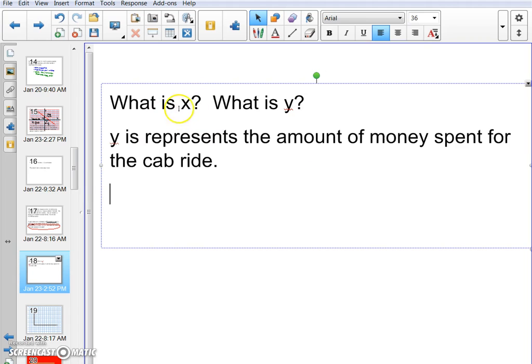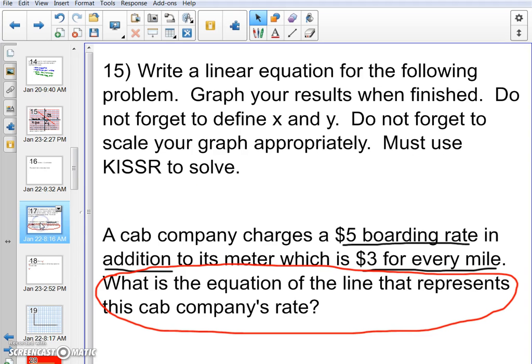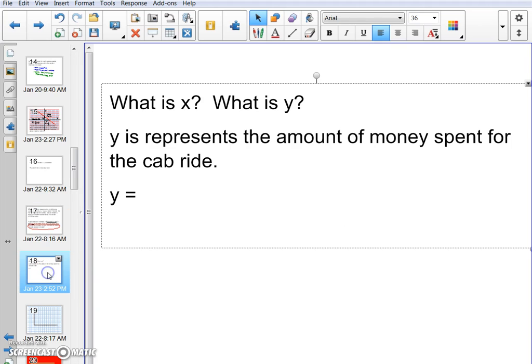Now, x is going to be something that we don't quite know yet, but our equation is going to be y is equal to, and looking back at the prompt, what we don't know is the thing that changes a lot. If you look carefully here, we have $5, we have $3. The $5 is for the boarding rate, so that's going to happen no matter what. So that's going to be part of our equation, so we're going to have 5.